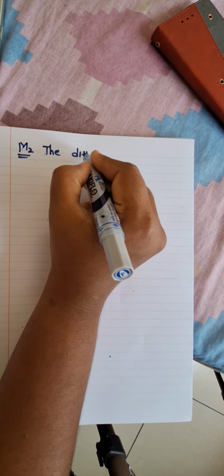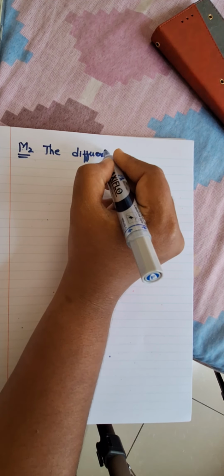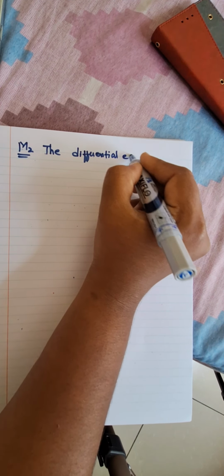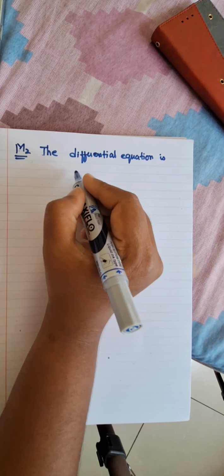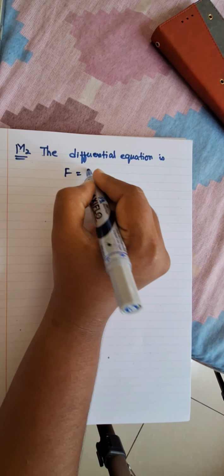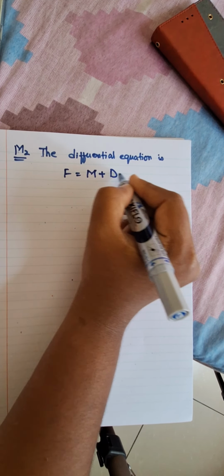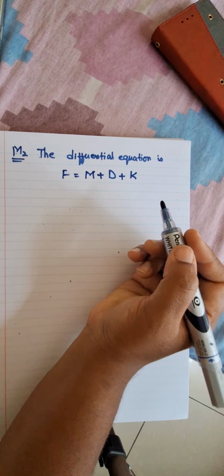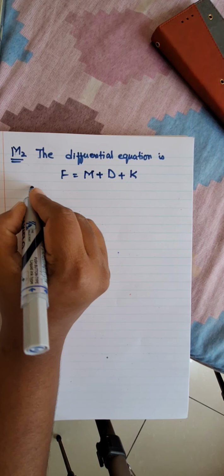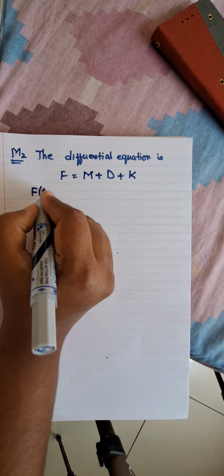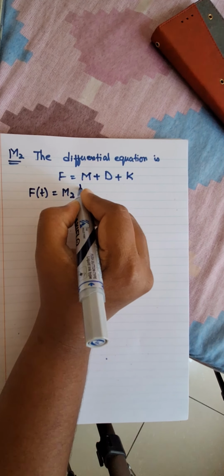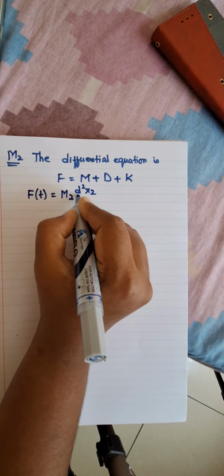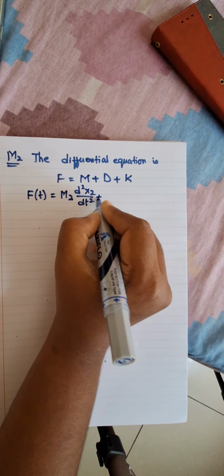the differential equation is again f is equal to m plus d plus k. For m2 we have f, which is f of t. M is nothing but m2, displacement is d square x2 by dt square plus d.